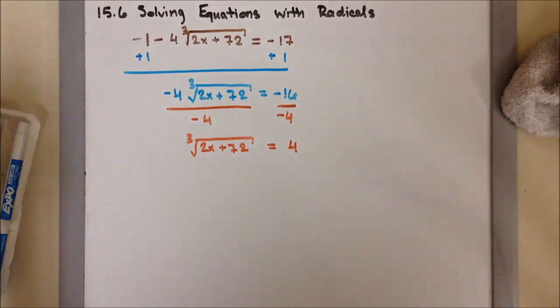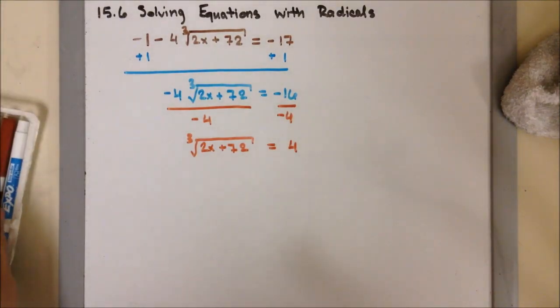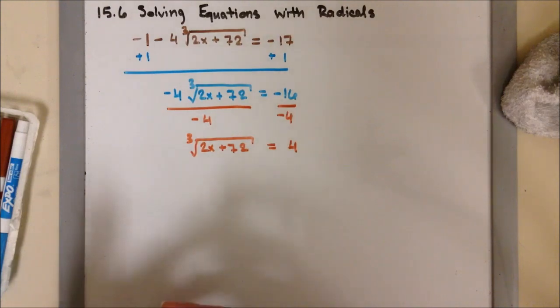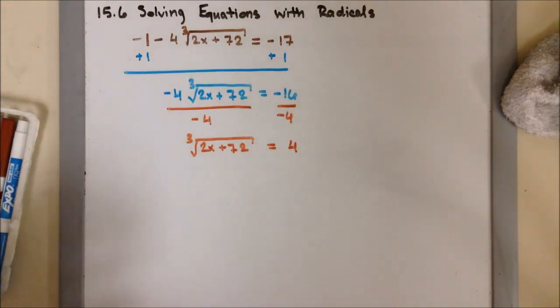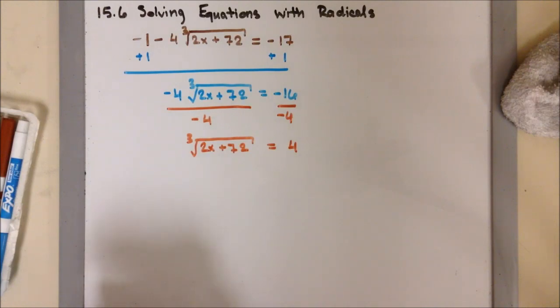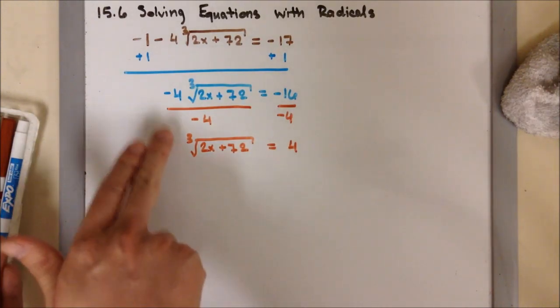Now, I mentioned before that if we're working with different radicals, we're going to be working with different exponents, therefore using different numbers. Now, notice how I am consistent with my index, and the reason I'm bringing that up is because I have seen people, when they're working out this type of problem, it's easy to forget their index.